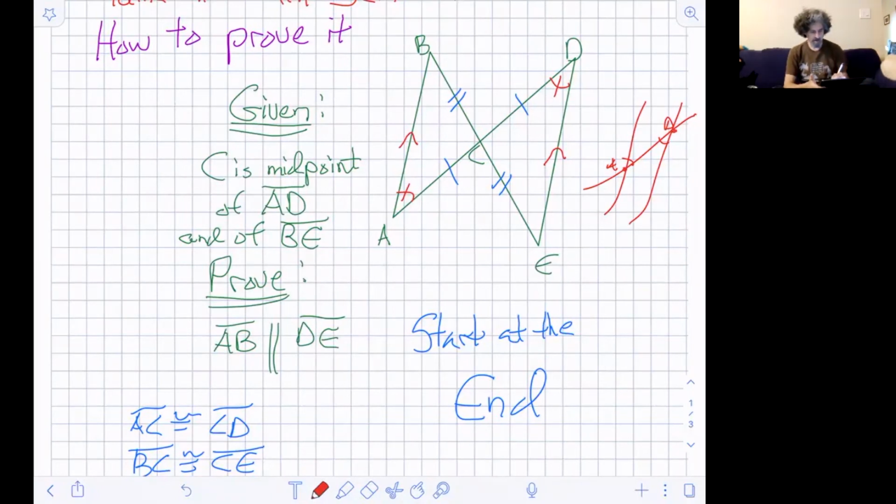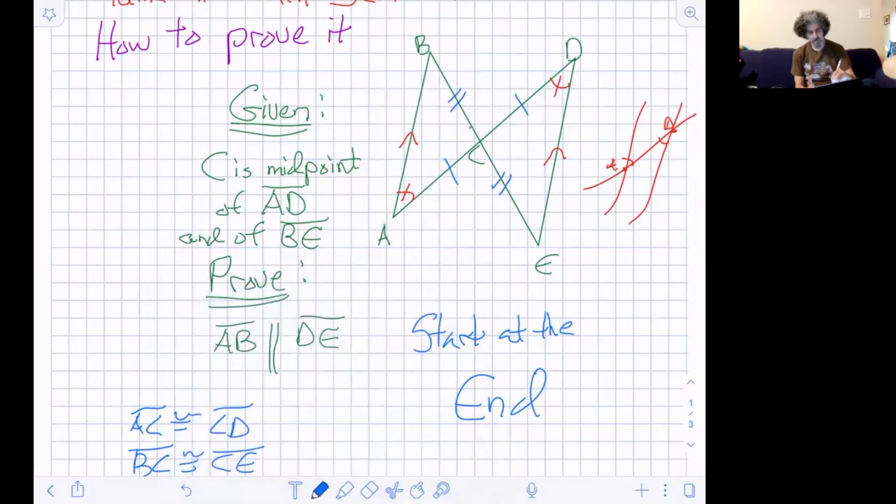I've got a side and a side. If I could just get an angle or another angle, but I can't use these angles that I've marked in red. That's what I'm trying to prove. If I could only get these angles in here, but oh, we missed that at the beginning.